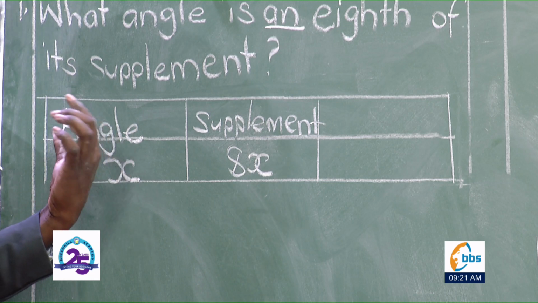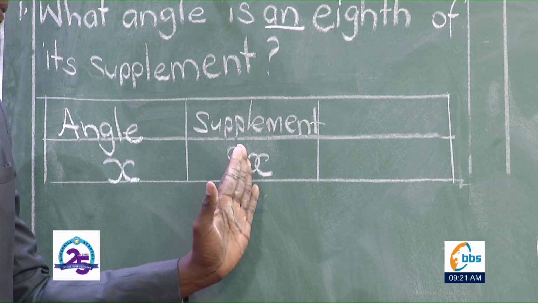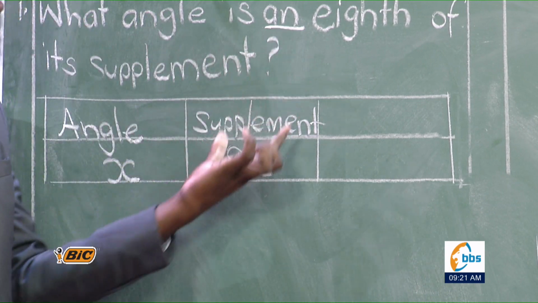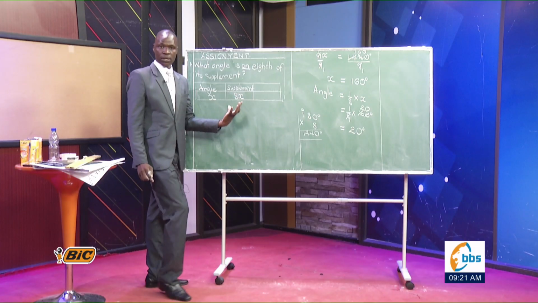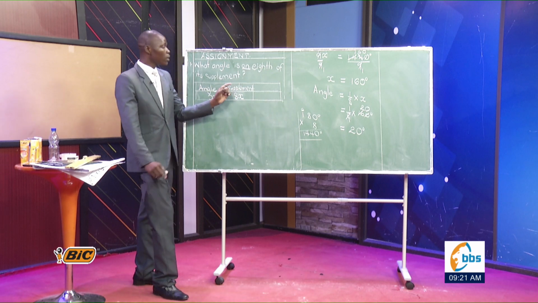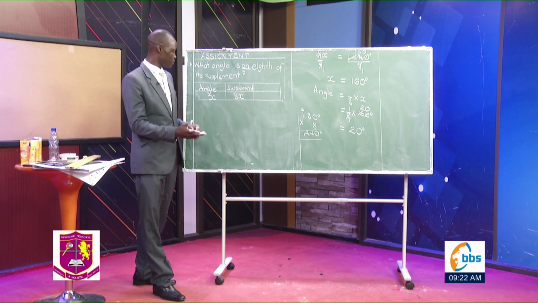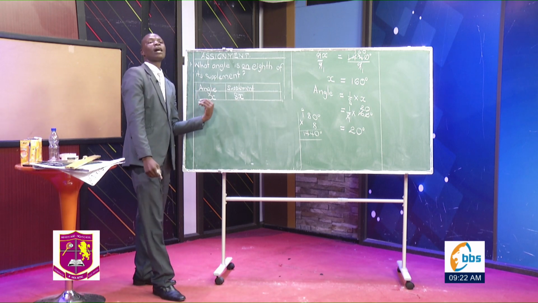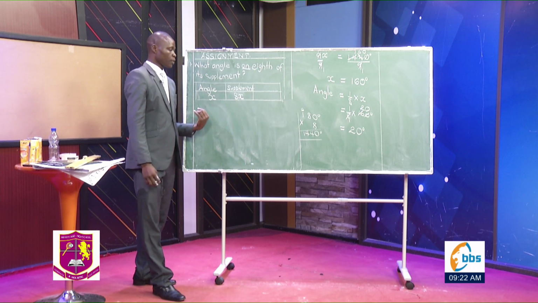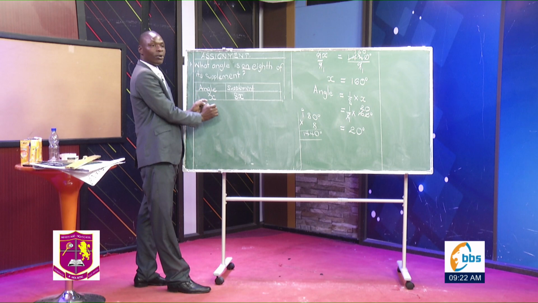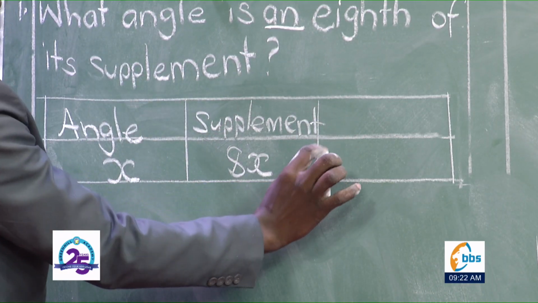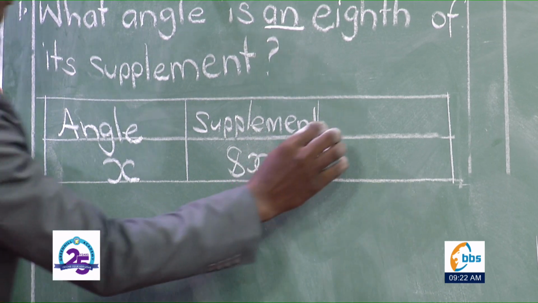What angle is an eighth of its supplement? If the angle is x, then its supplement must be 8x. Why? The angle must be 1 part, the supplement must be 8 times the angle. So when you get the angle plus its supplement, you must get 180 degrees.